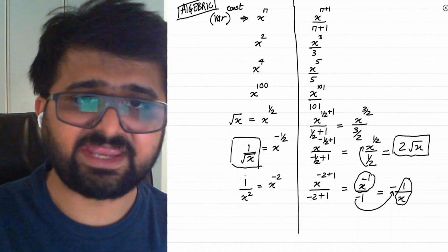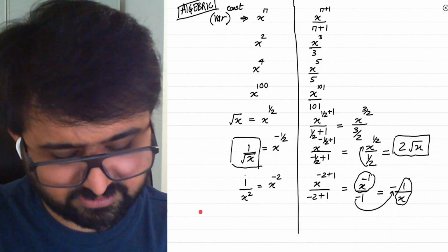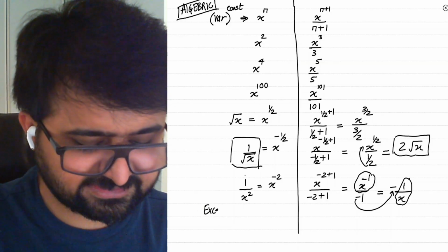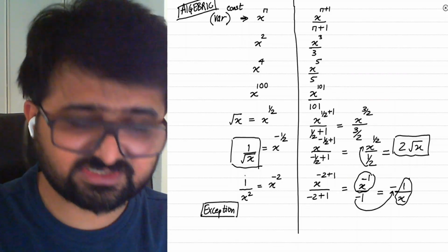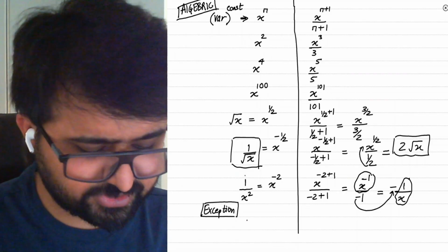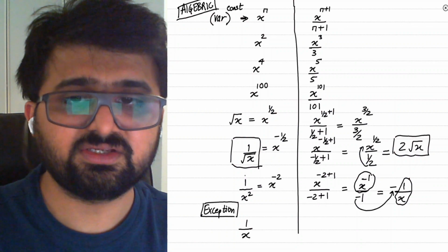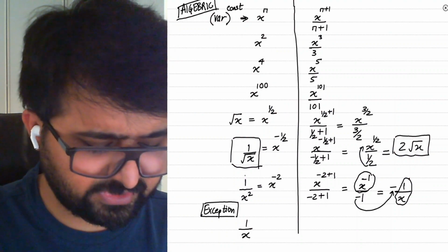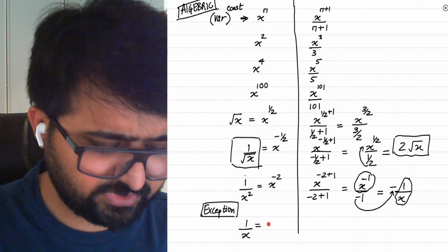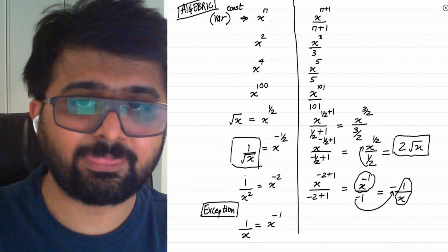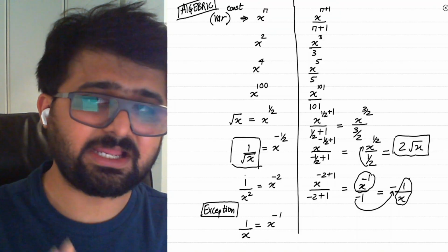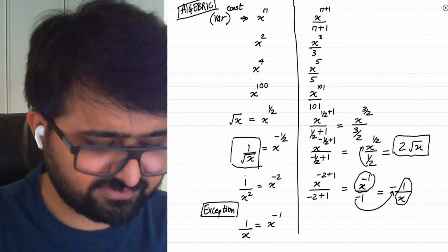Now there is one exception that comes here. Let's look at the exception to this rule, where it cannot be applied. Let's say your function was 1 over x. Now you know 1 over x can be written as x to the power minus 1. If you try to apply this same logic, let's see what you get.